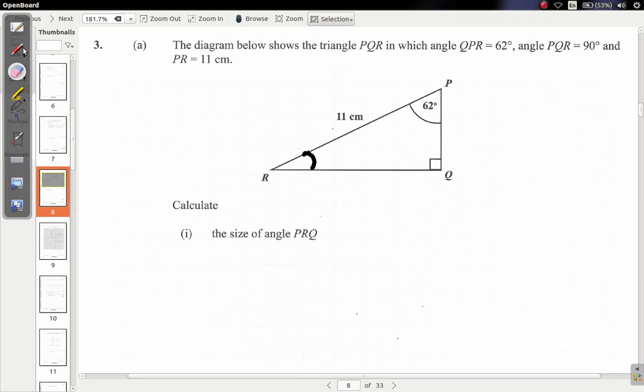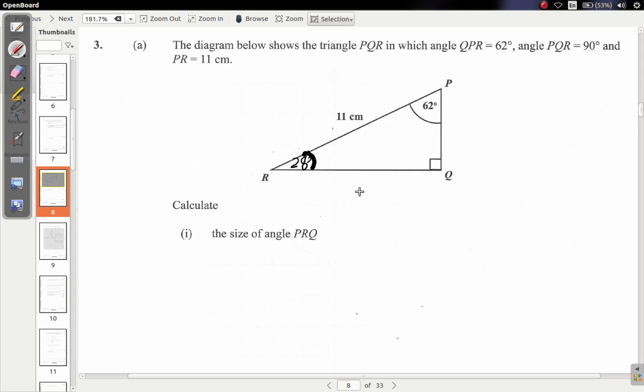Let me just fix up this thing. So we have the 28 degrees already. Good. Now they want RQ.